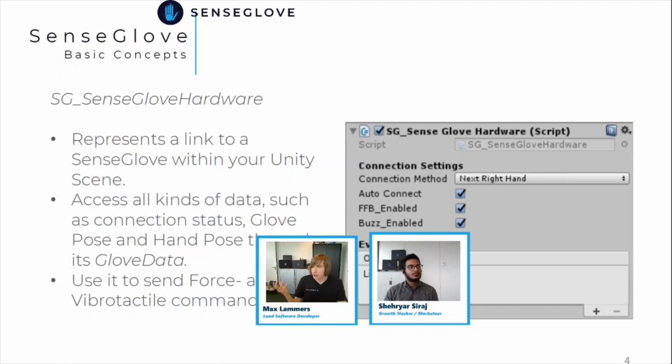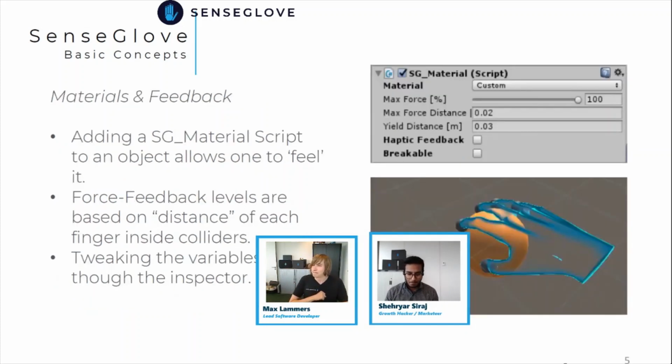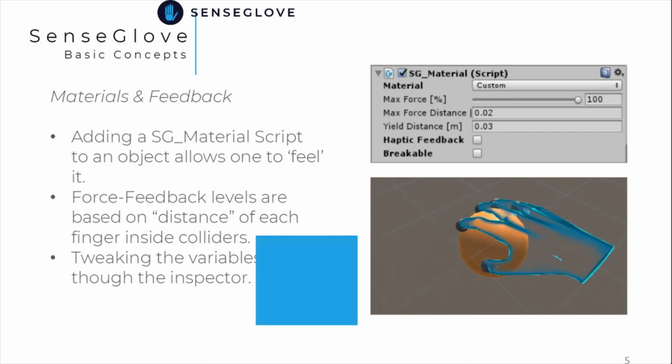We use this particular hardware to drive our animation, as well as detection of certain things. One of those being feedback. If you have an object in your Unity project and you add a SenseGlove material script to it, it will then be detected by our hand prefabs. Your fingers, as they touch an object, will register colliders that have this SenseGlove material attached.